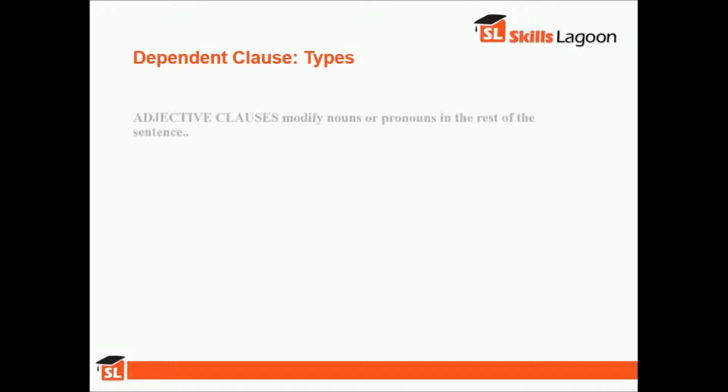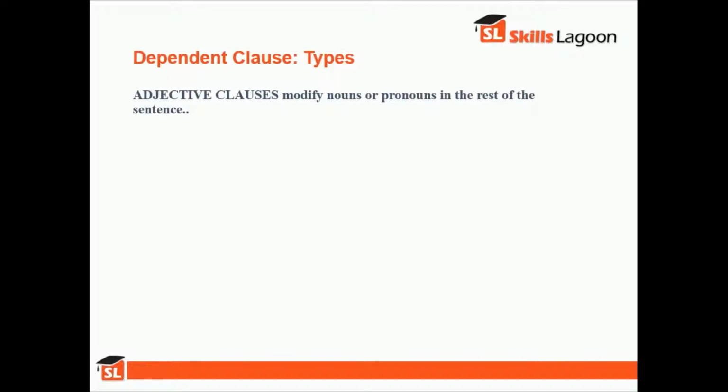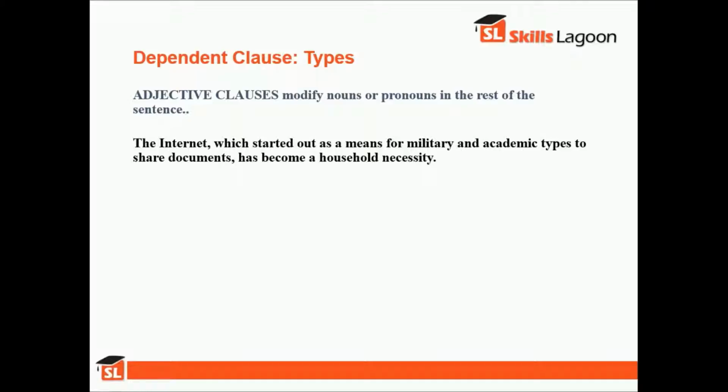The next type is an adjective clause, which modifies nouns or pronouns in the rest of the sentence. Look at this example: The internet, which started out as a means for military and academic types to share documents, has become a household necessity. Now this sentence is quite interesting. If you see the main clause here, there is a dependent clause which has been sandwiched within the main clause.